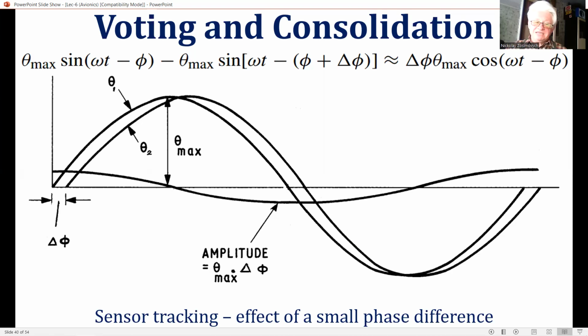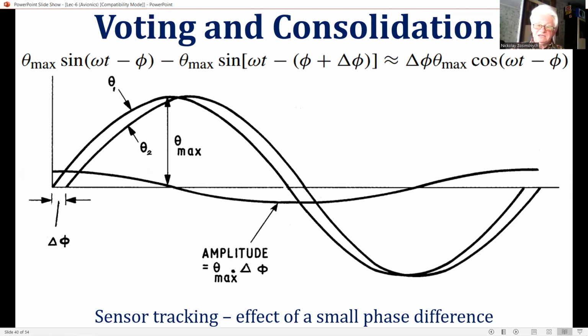And thus, a phase difference of 2 degrees, or 1/30 radian approximately, results in a tracking error of over 3% of the peak value of the input quantity. And this result is arrived at as follows.